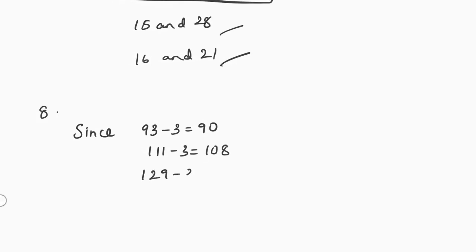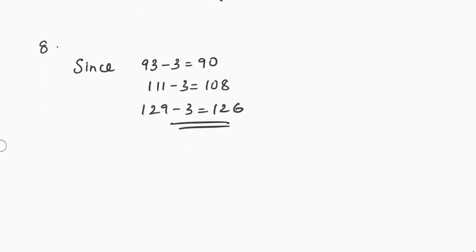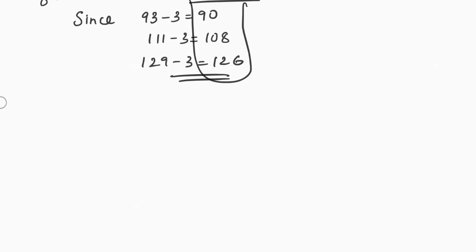And 129 minus 3 I will get 126. Now in order to get the required number, I have to just find the HCF of all 3. Because they told that in each case you will get remainder as 3. Correct? So if the remainder is 3, if you subtract 3 from each of these numbers, that will be a factor. Correct? So find the HCF.